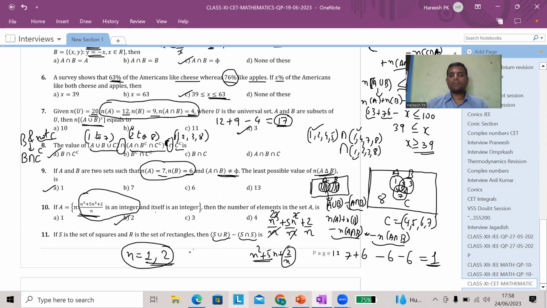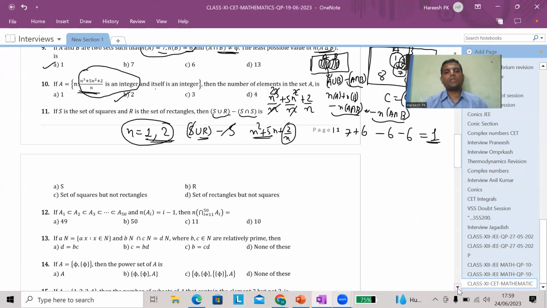So now we have S union R minus S. Whenever it's like A minus B, you can just cancel off that which is common in both. So you'll only be left with R. That means the answer is only rectangles, but not squares, right? So it is the set of rectangles but not squares. Option D.